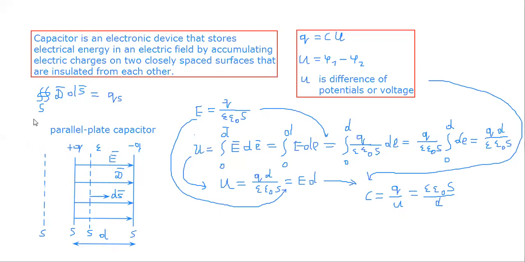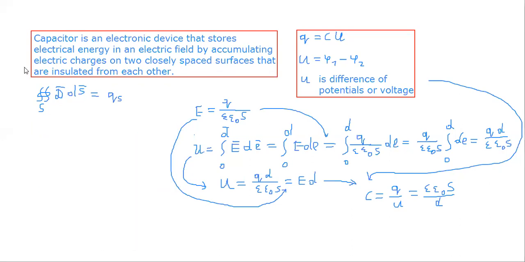We can write that for a parallel plate capacitor, the capacitance is equal to epsilon 0 S divided by d, where S is the area of the plates and d is the distance between them.